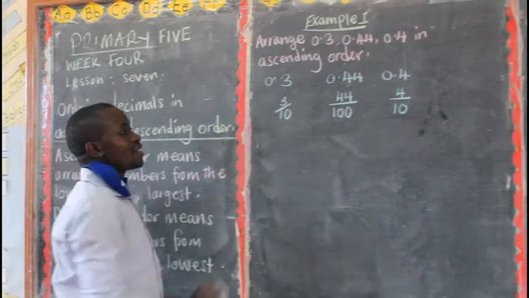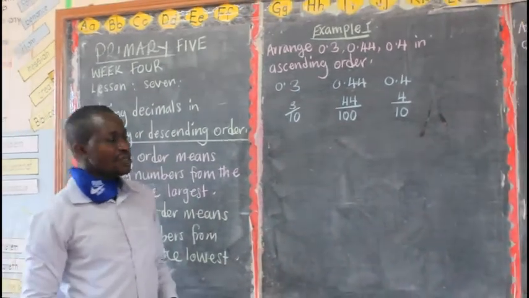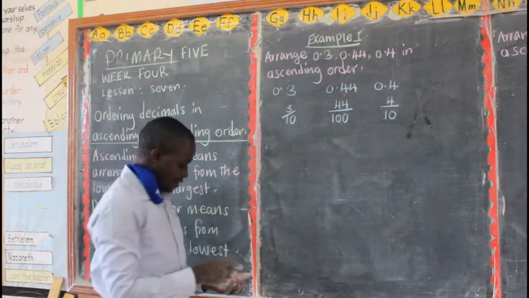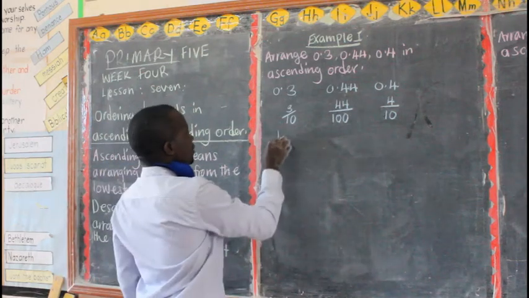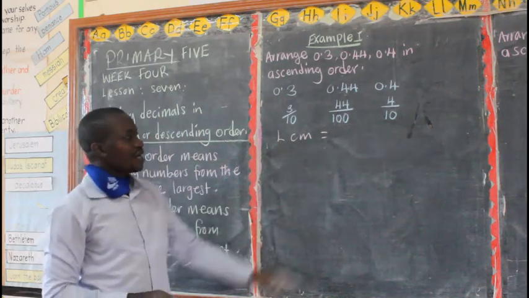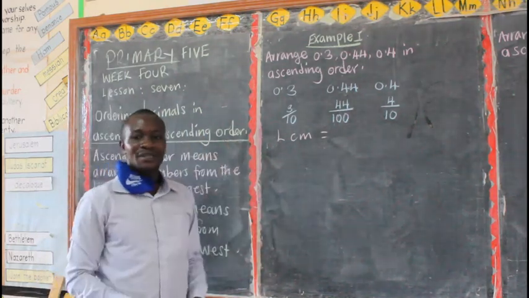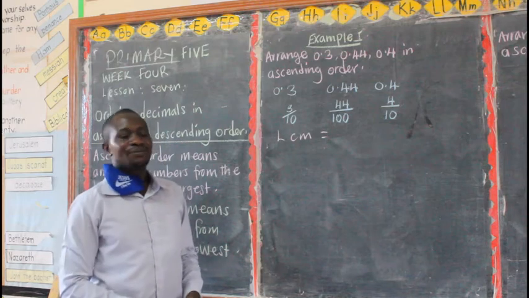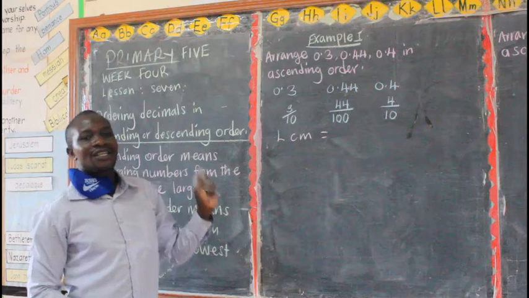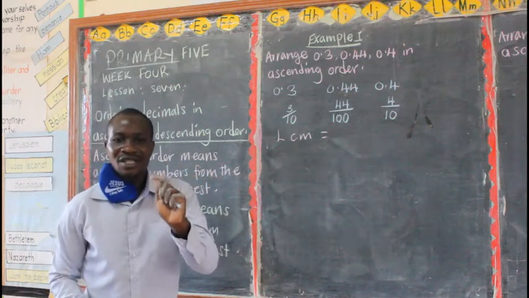Then after changing each decimal as a common fraction, you find their LCM. So here, we are not going to apply the other method of finding LCM. But you look at these denominators. The largest is the LCM.